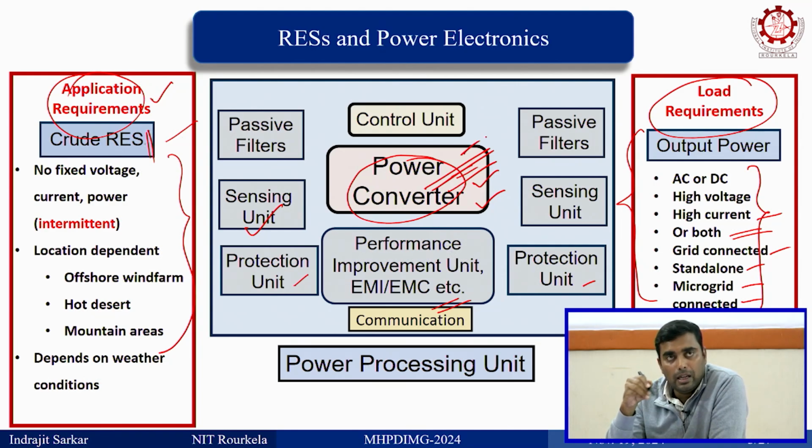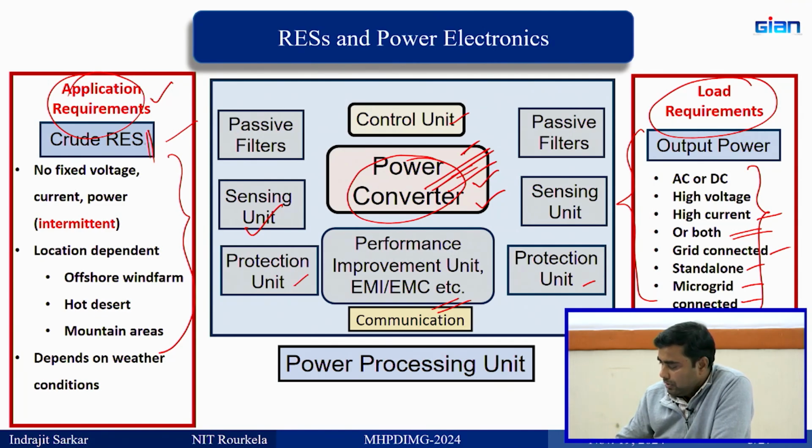Today I am going to discuss this, because the rest of the things, whether it is the sensing unit, protection unit, or passive filters, will almost remain the same throughout the platforms. Control unit also, we are very happy with the DSP microcontroller implementation, so this is also almost constant for different topologies.